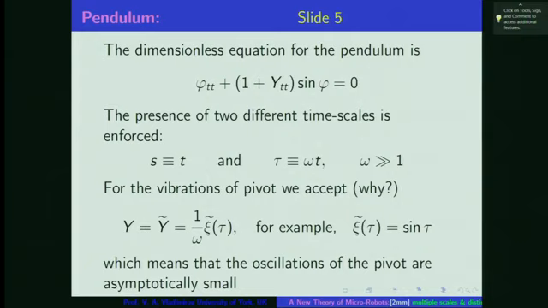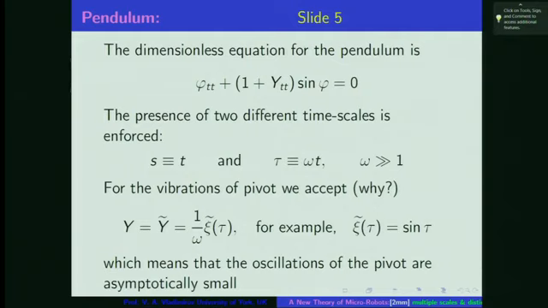Actually, this equation explicitly contains two time scales: the slow time scale, which is t, which is affiliated to omega naught, to self-oscillations, and another time scale, omega t, where omega is already dimensionless, as well as t, which is the enforced vibrations of the pivot.